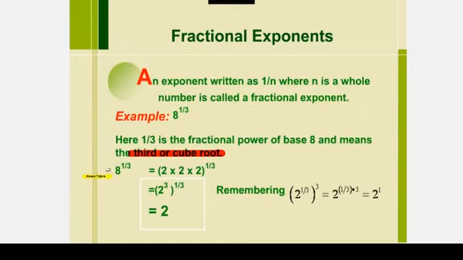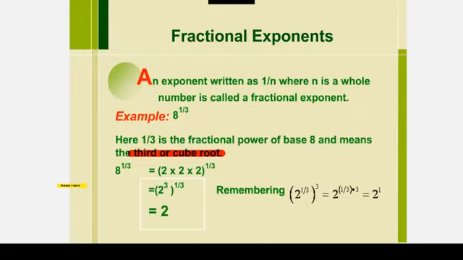I can rewrite the base so that the power of the base is 3, so that I'll cancel out the 3 and 3. Let me explain. 8 can be written as 2 cubed, right? 2 times 2 times 2 gives you 8. So I'm rewriting the given question as 2 cubed, the whole power 1 by 3.